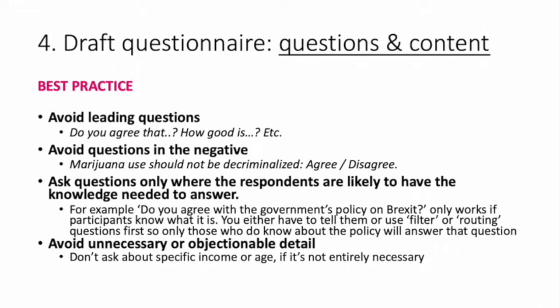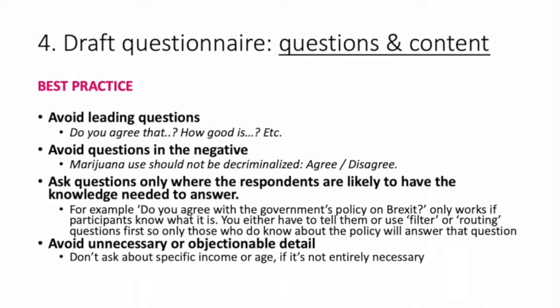So in the example on the slide, it's saying, do you agree with the government's policy on Brexit? This assumes that your respondents will know about Brexit. Now, this particular example, if you're sending it out to the UK population, it might be that the majority of people are aware of Brexit in 2020, but if you send it out in a different country, for example, they might not be as aware.